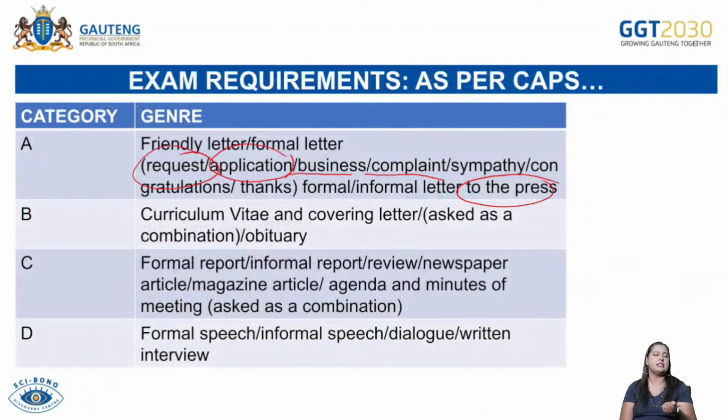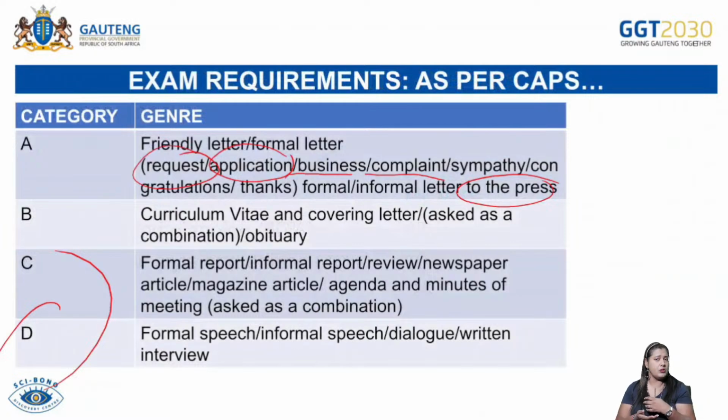And then we've got category D, which is the one dealing with the formal speech or the informal speech. Now, why do I say formal or informal? Because your target audience here, or the question, will dictate who the target audience is in this instance.